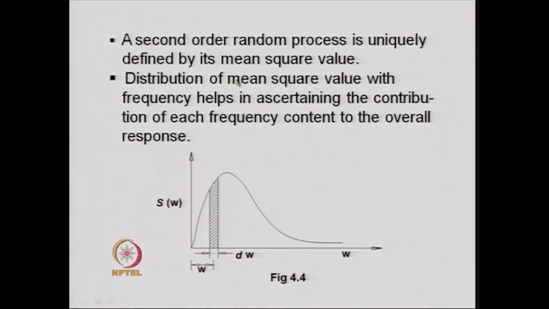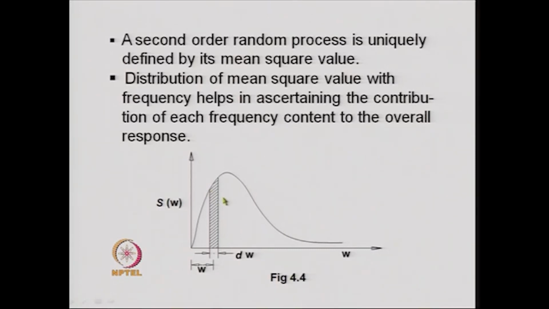Next, since we want to carry out an analysis in frequency domain, it is better to have not only the knowledge of mean square value of the process, but how the mean square value is distributed over the frequency. That comes from the definition of the power spectral density function itself, because we know that the area under the power spectral density function curve is equal to the mean square value.